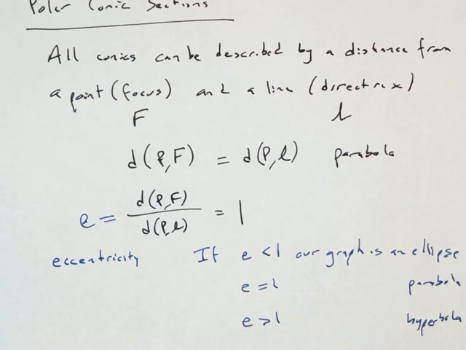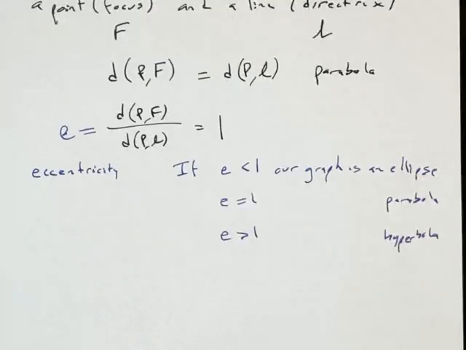And that actually turns out to be the easiest defining characteristic difference between an ellipse, a parabola, and a hyperbola.